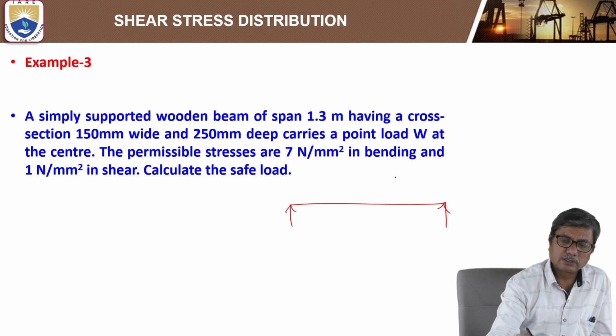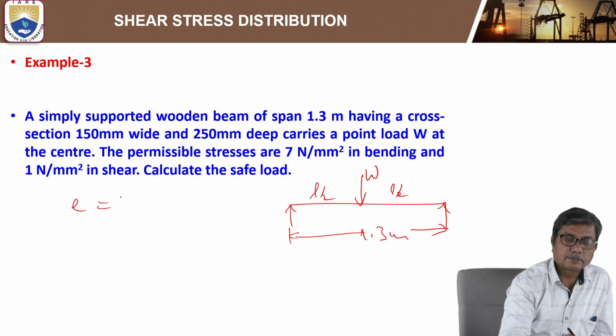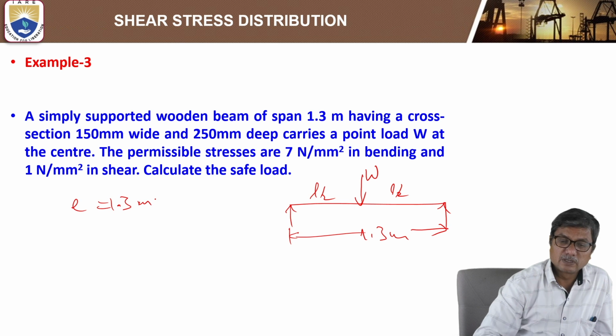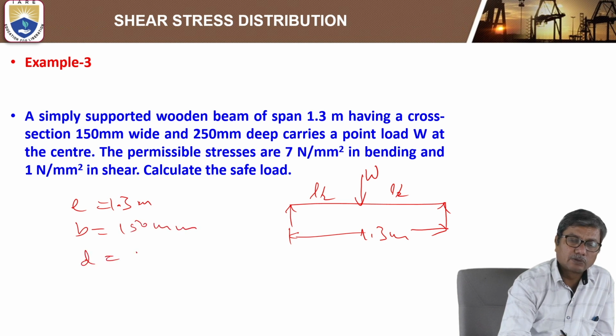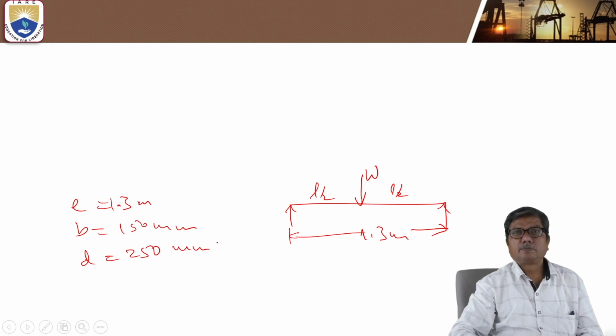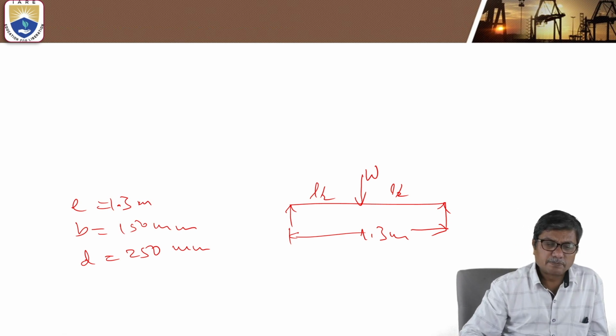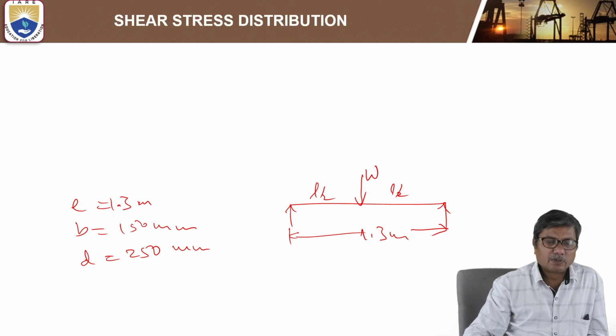Here, we consider a point load at the center. The span of the beam is 1.3 meters, having cross-sectional dimensions, that is breadth 150 and depth 250 mm.